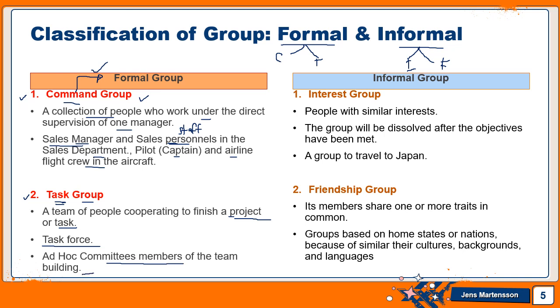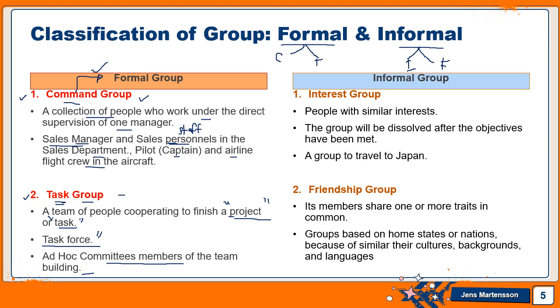A task group is a type of formal group created just to complete one particular project or task. So task group ni adalah satu group yang diwujudkan hanya untuk mencapai ataupun menyiapkan, melaksanakan sesuatu projek ataupun sesuatu tugas khas. Okay, so tugas khas itu adalah nama yang selalu kita pakai, which we call the task force.